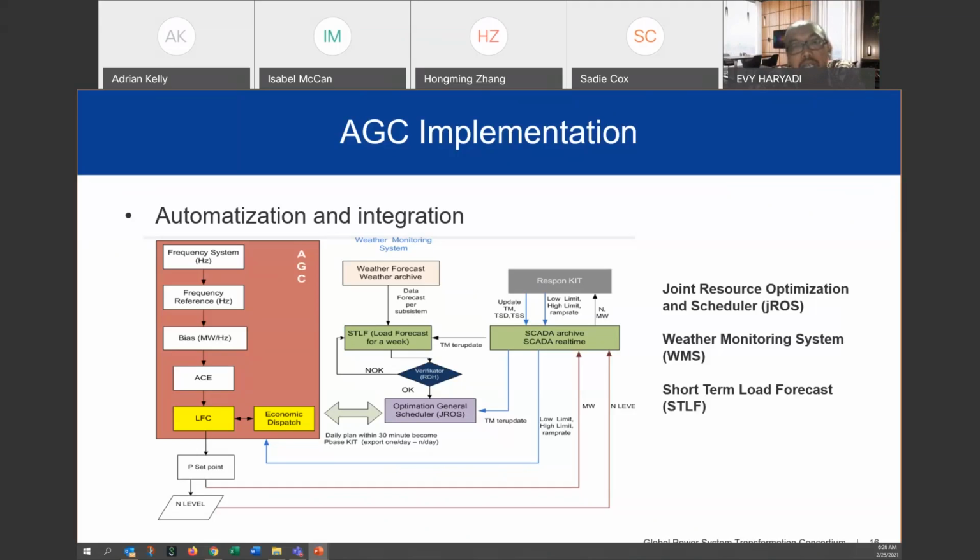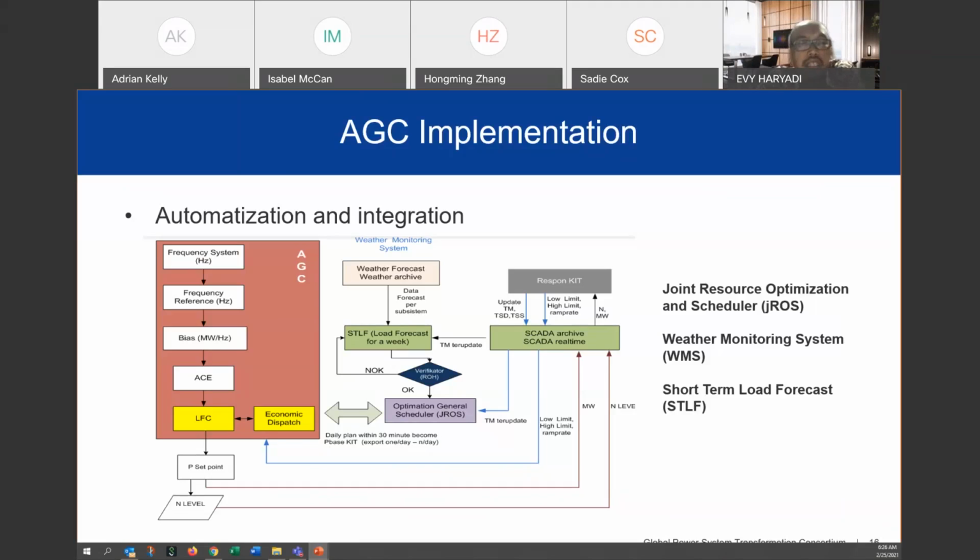Because there is a lot of weather condition variation, especially now in COVID condition, we have a big error in forecasting. One reason is the change of individual or society activity, and the other is the weather.